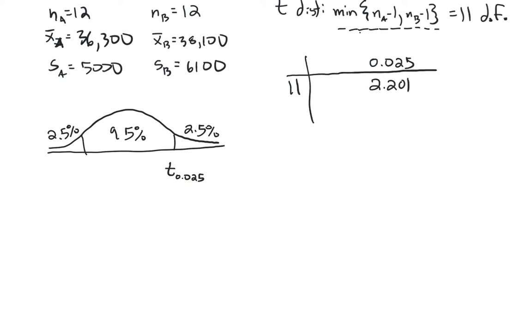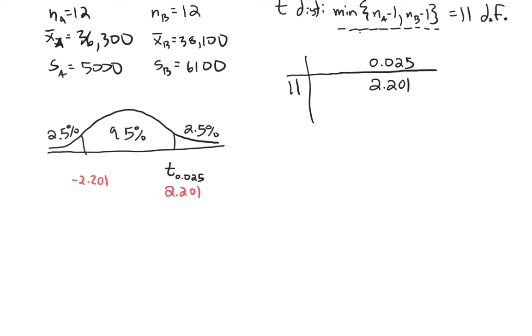So we know our t of 0.025 is 2.201, and this guy is, of course, negative 2.201. So the middle 95% of our sample means will be between negative 2.201 standard errors from the mean and 2.201 standard errors from the mean.